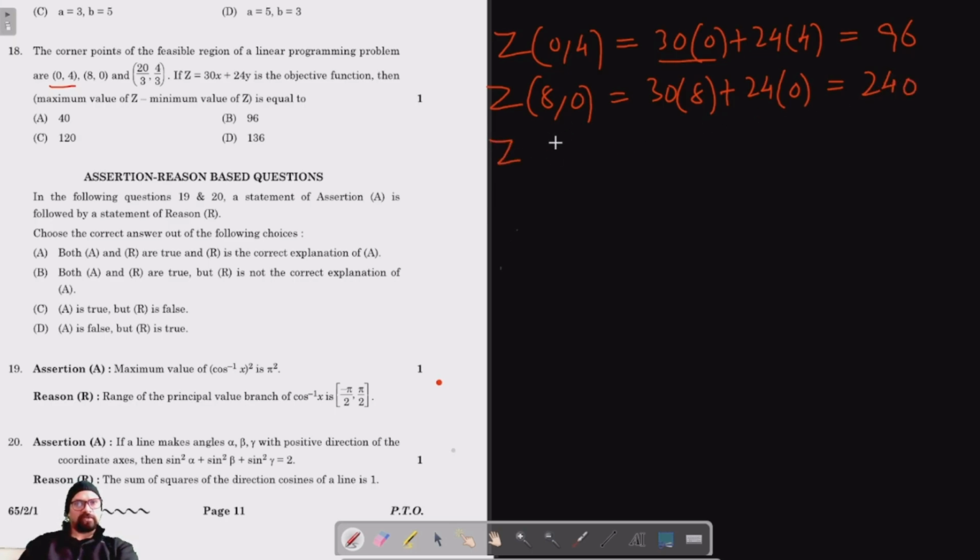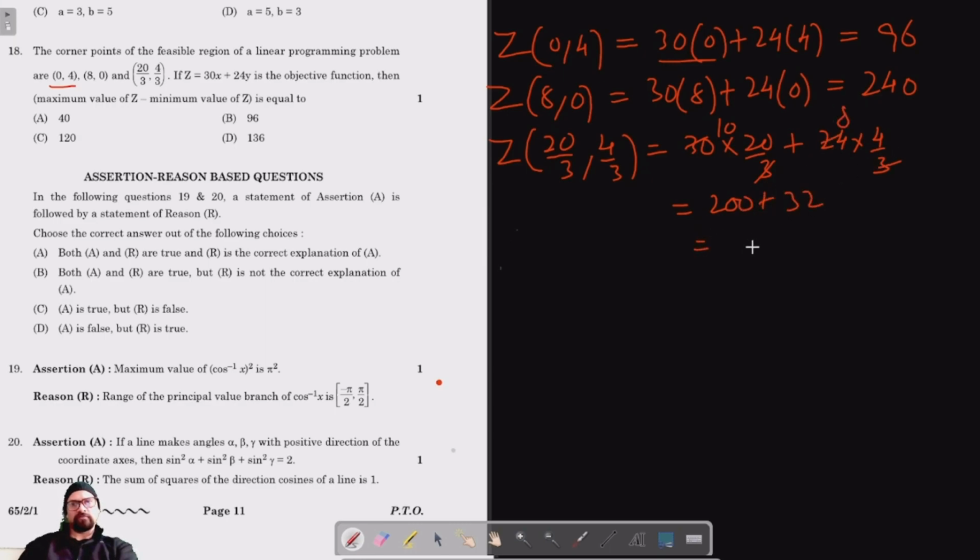And the value of the objective function at (20/3, 4/3) is 30 into 20 by 3 plus 24 into 4 by 3, which is 200 plus 32, so this is 232. So the maximum value is 240 and the minimum value is 96. So 240 minus 96 is 144.